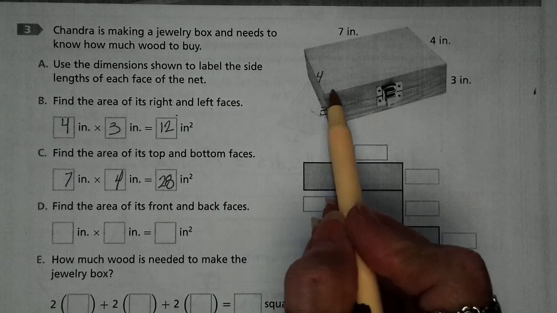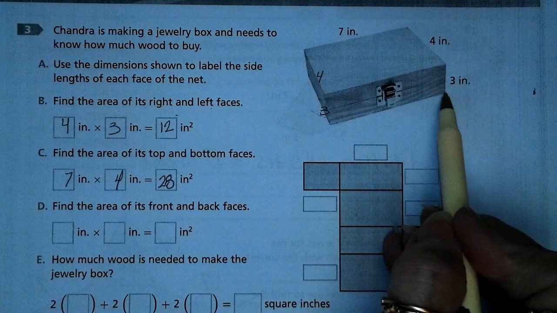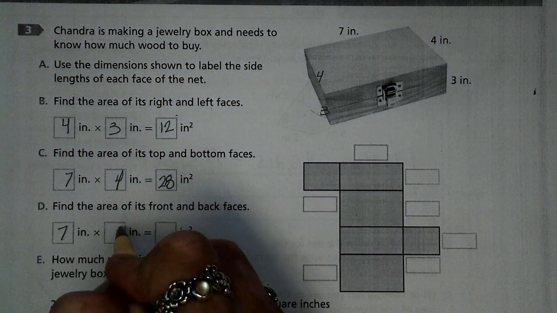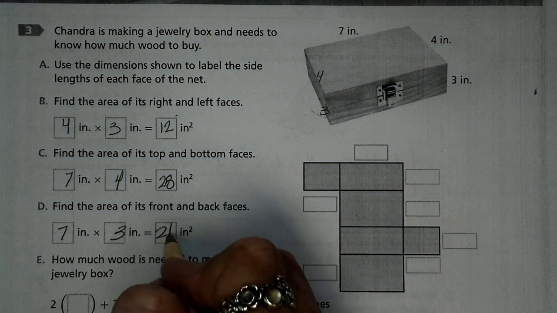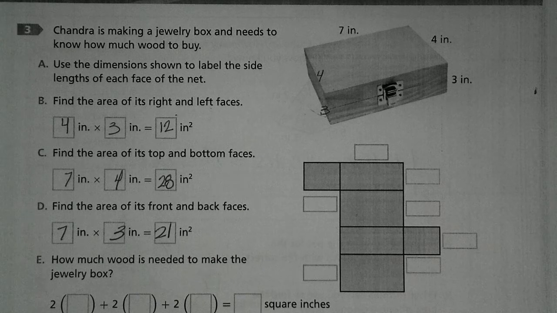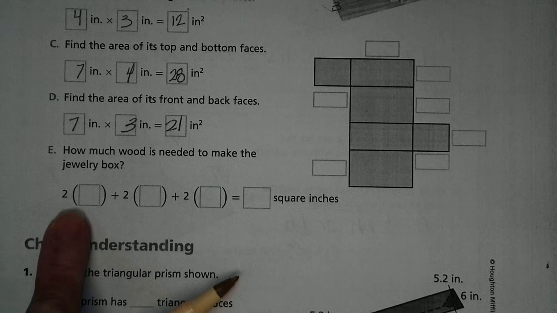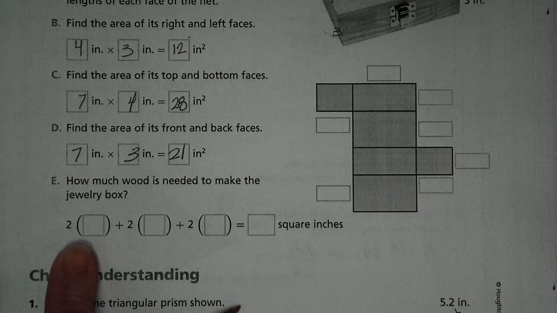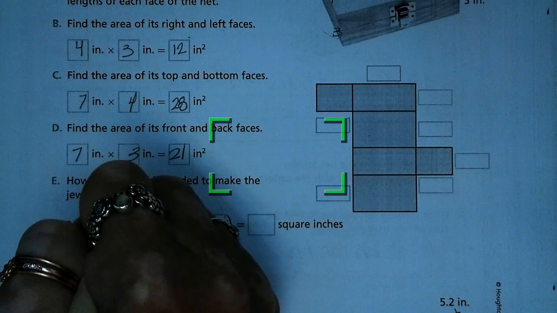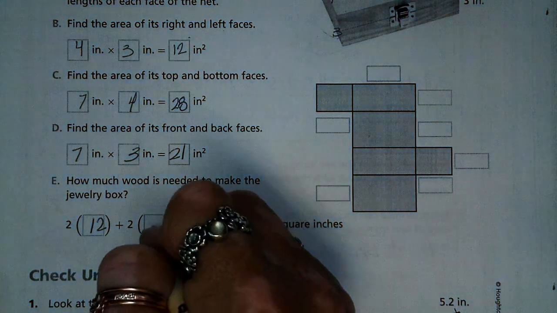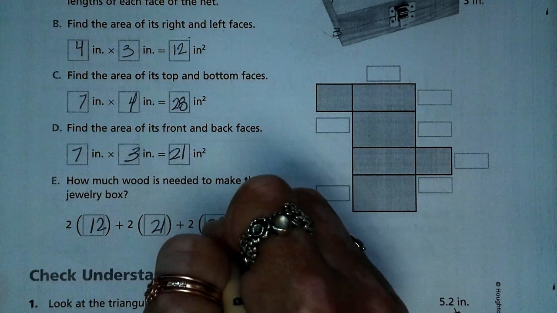And then the front, which is this right here, is a 7 by 3, which is 21. All right? We know that there are 2 of each one. So this would be a 12, a 21, and a 28.